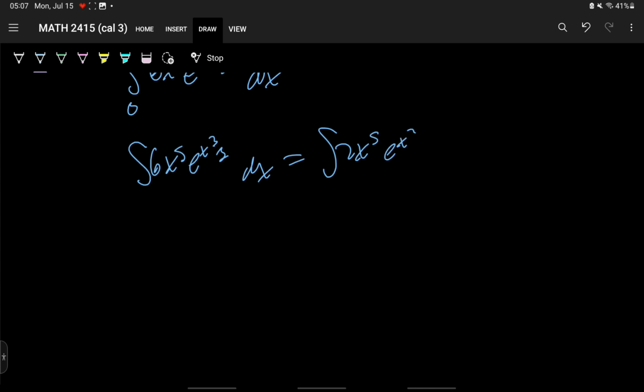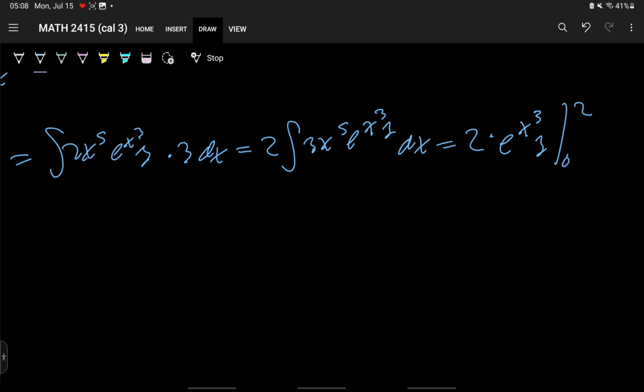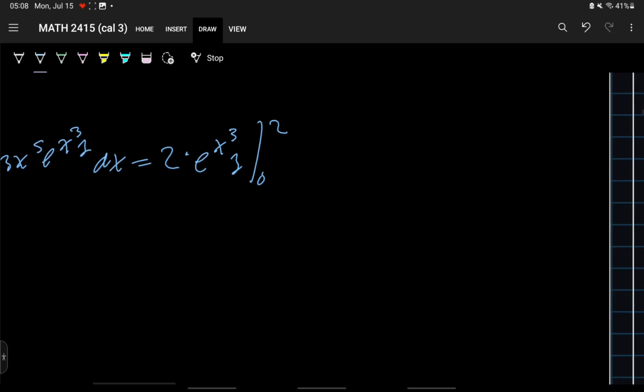So 2x e to the x cubed y times 3 dx. This is not very aligned. Yeah, and that's pretty straightforward.